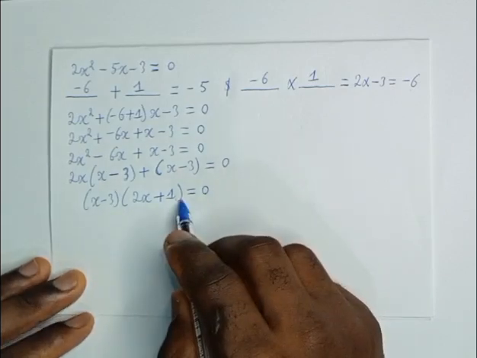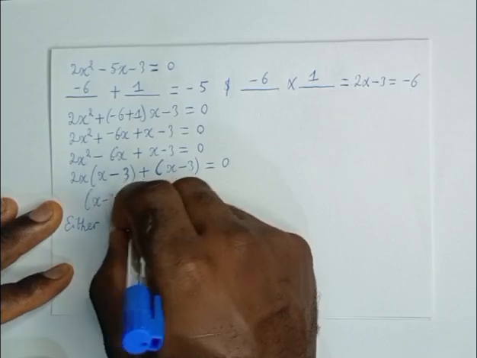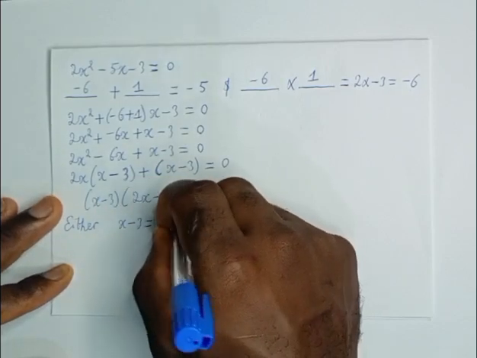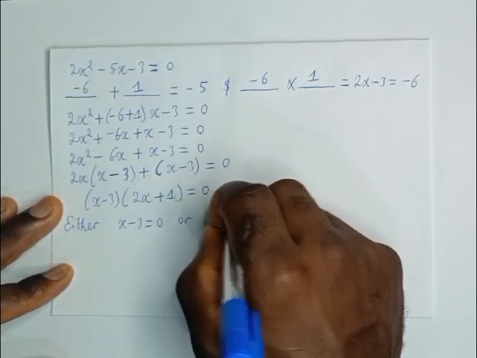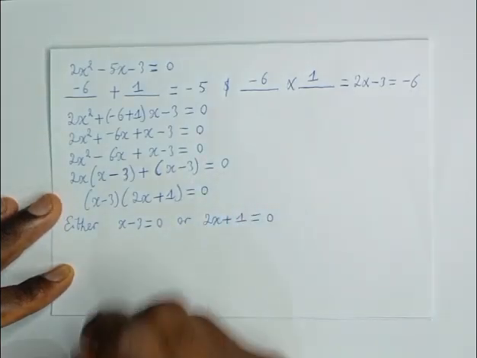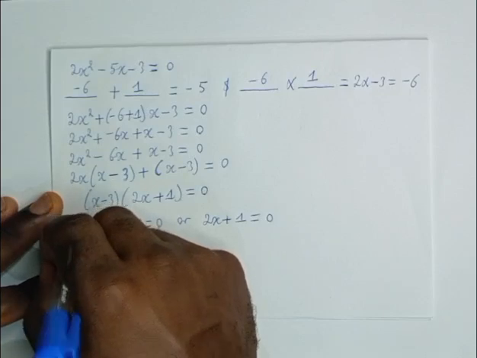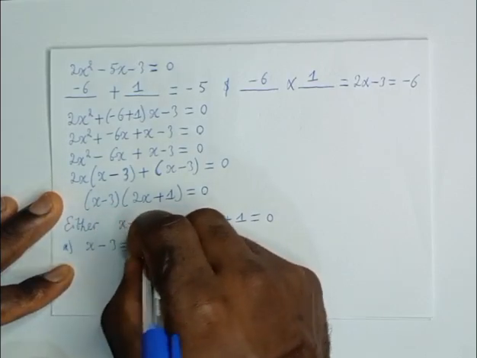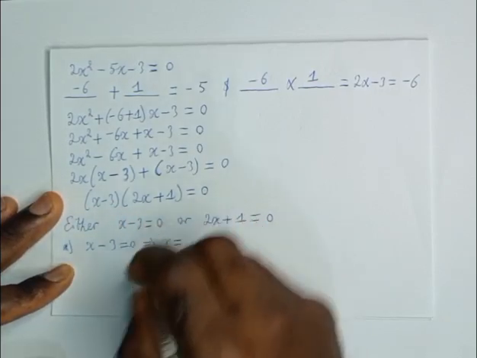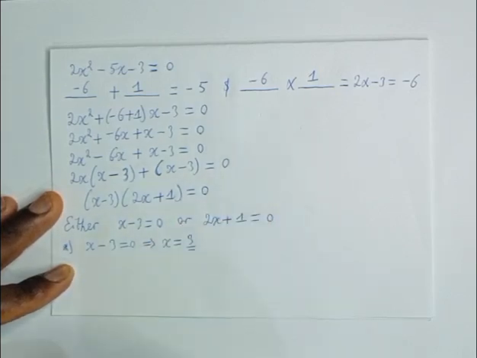For this product to be equal to 0, either x minus 3 is equal to 0 or 2x plus 1 is equal to 0. If we take the first one, x minus 3 equal to 0, it will imply that x will simply be equal to, we are going to transfer negative 3 to the right hand side, which gives us 3.